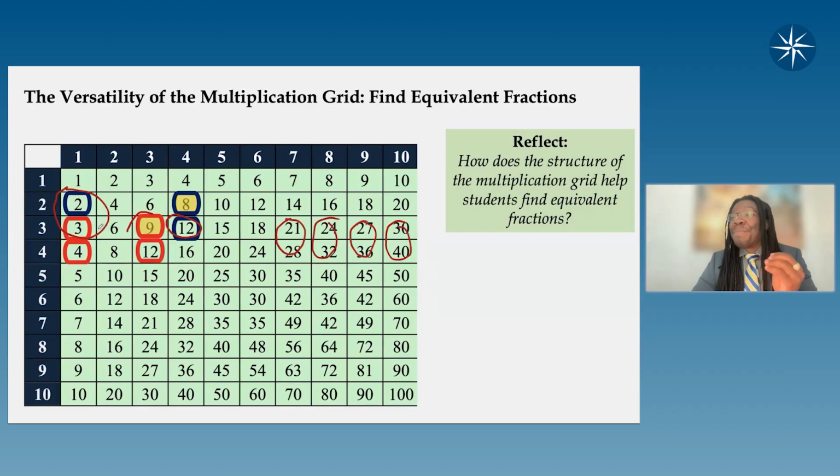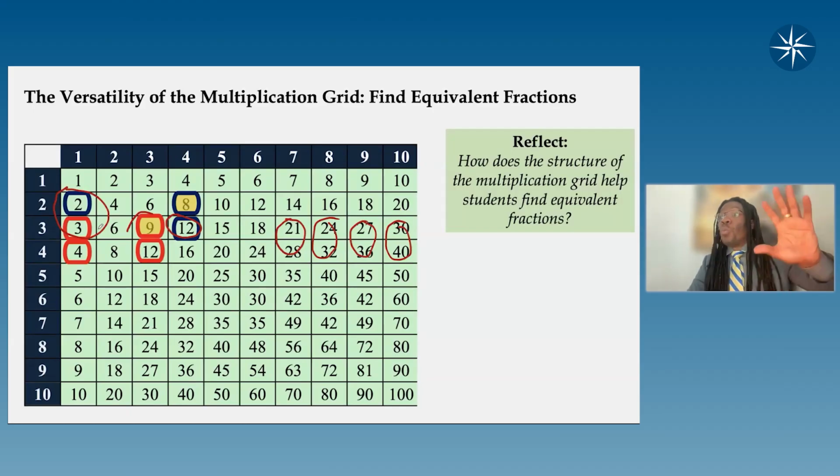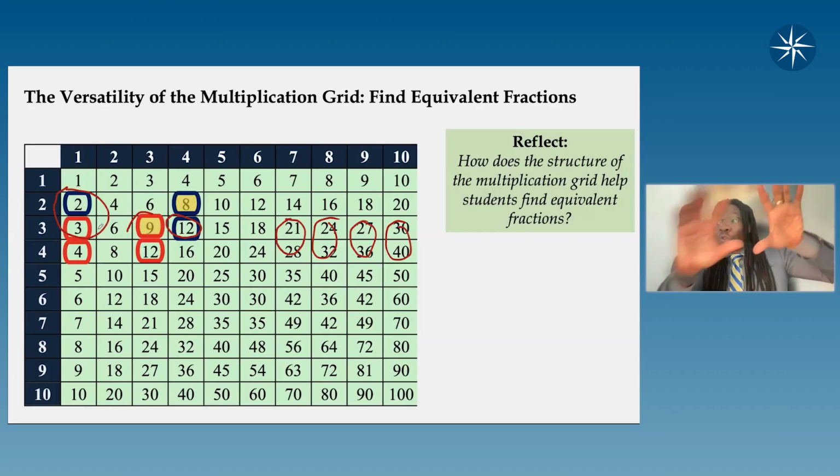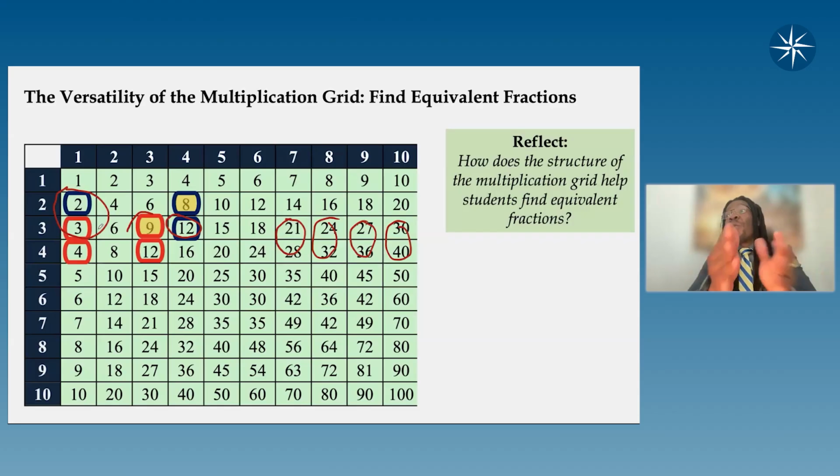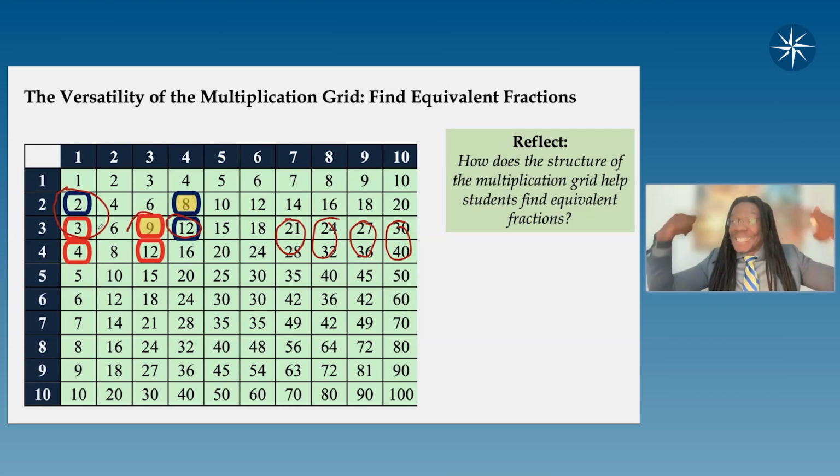We are multiplying by the same common number, the same common factor. This is not a shortcut. We already showed them how to find the LCD and to use that to create equivalent fractions. This is where we want to take them, showing them that the equivalent fractions live in these multiplication tables that they see all the time. So by helping them to make those connections, they can see this every day.